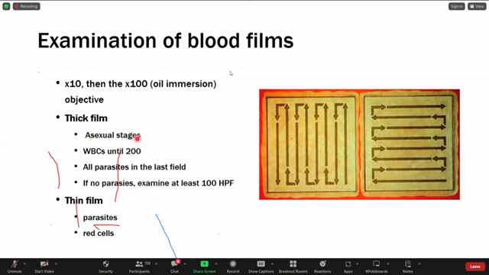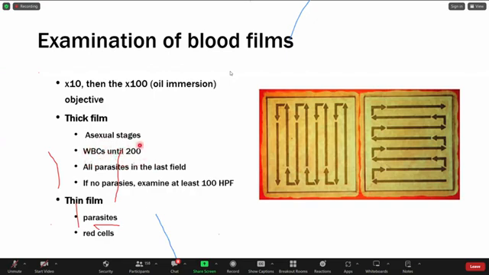Where we see the first stage, we start counting the malaria parasites and the WBCs. We shall see that we count up to at least 200 WBCs. This will help us in reporting, as we shall see. When we reach the last field, we count both the parasites and the WBCs.